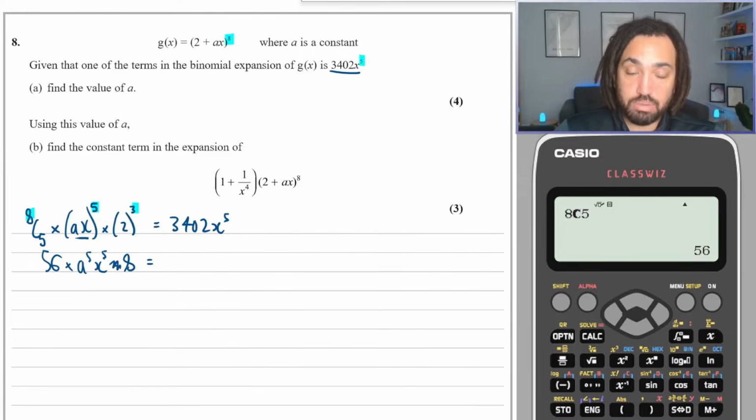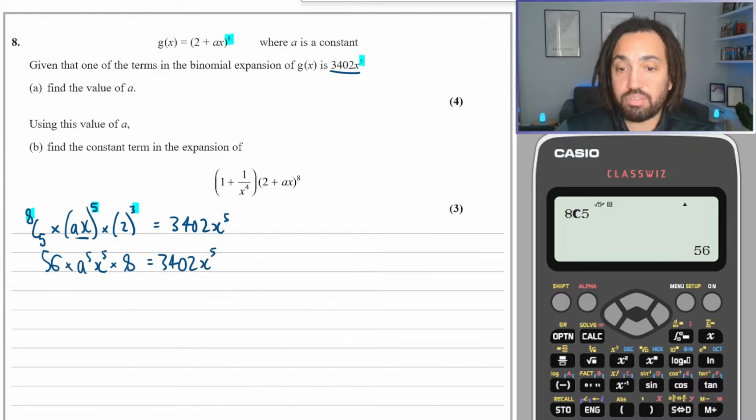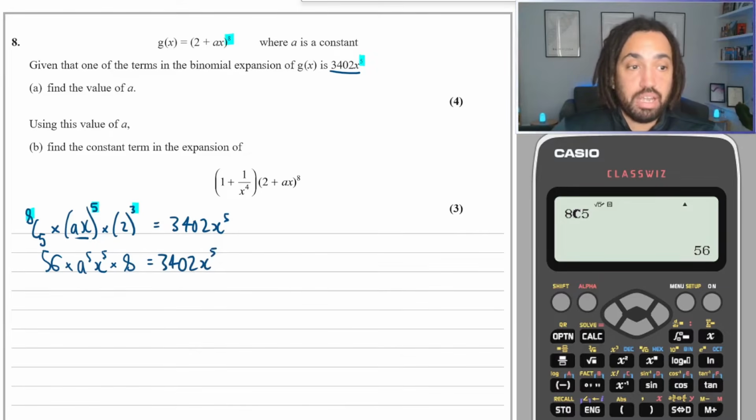Whoops, shouldn't be an equal sign there. That should be a multiply. And that's 3402x to the 5. Okay, I need to know what 56 times 8 is. That's 448.